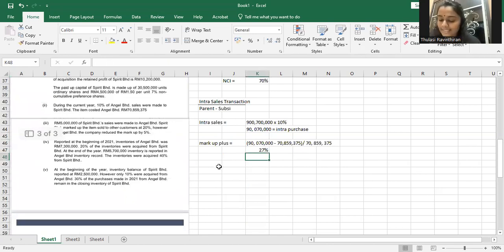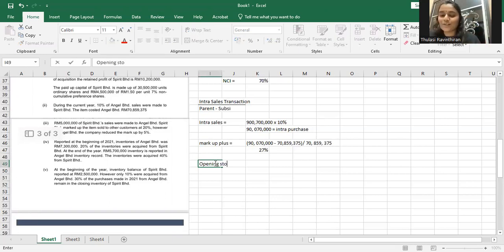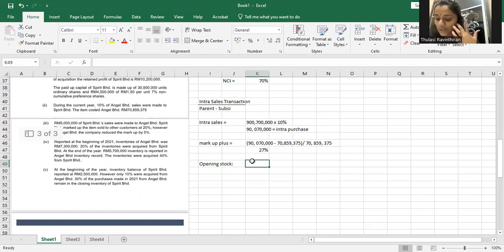Then we'll calculate URP opening stock and closing stock for parent to subsidiary. Whenever we calculate inventory for parent, we should refer to subsidiary inventory. We look at Roman 5.